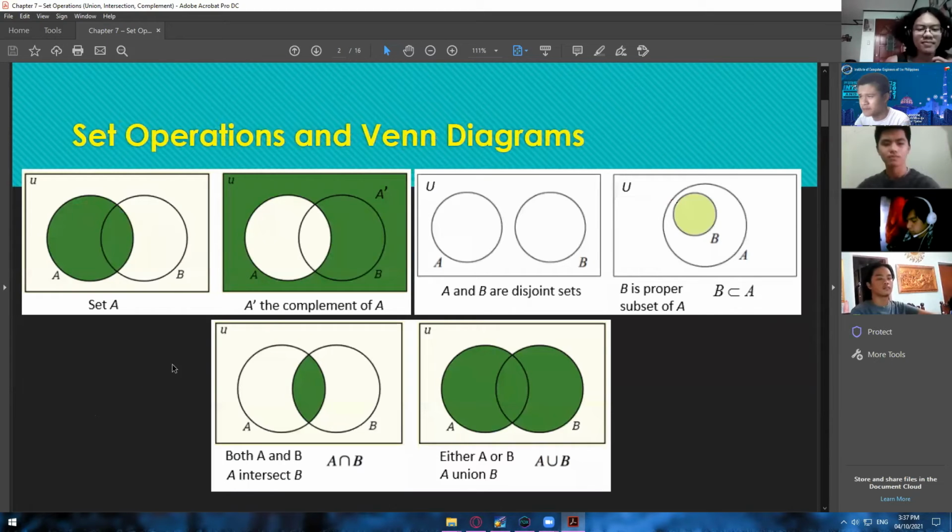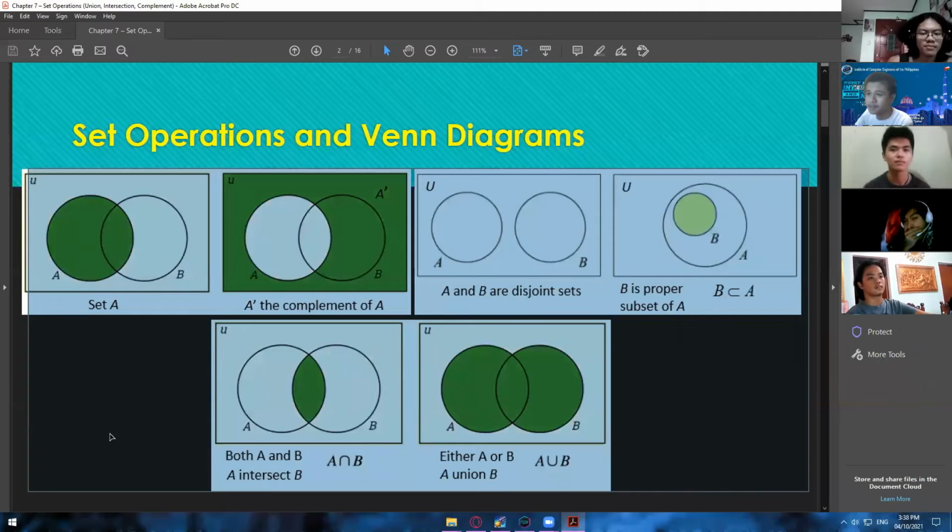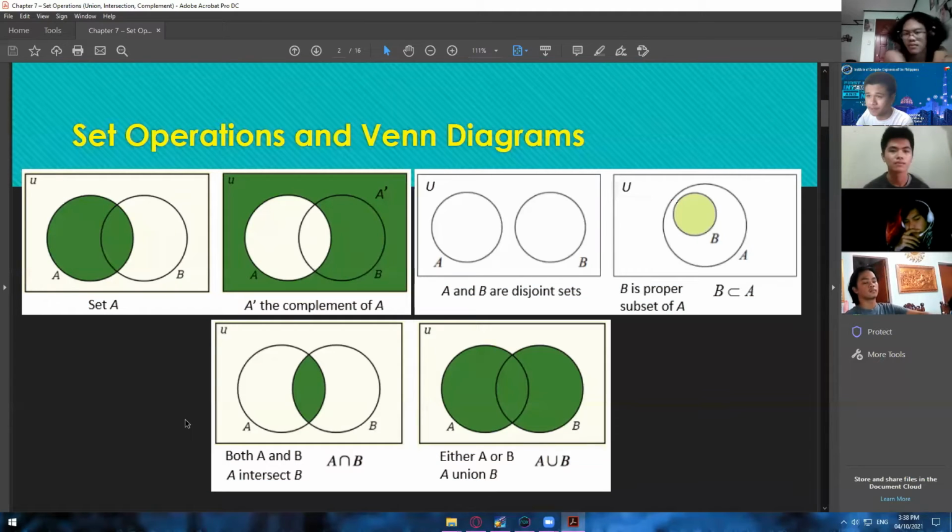So let's talk about set operations and then Venn diagrams. What are the differences? All of them are set operations, and here are the different types of Venn diagrams. We have two sets actually, set A and set B. Set A right here is only the green color, the one that is shaded. The other one is set B, but since we're talking about set A only, we just shade set A. And A with a single apostrophe is the complement.